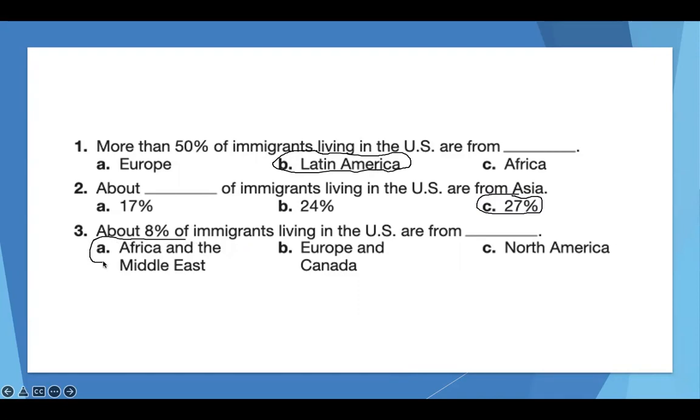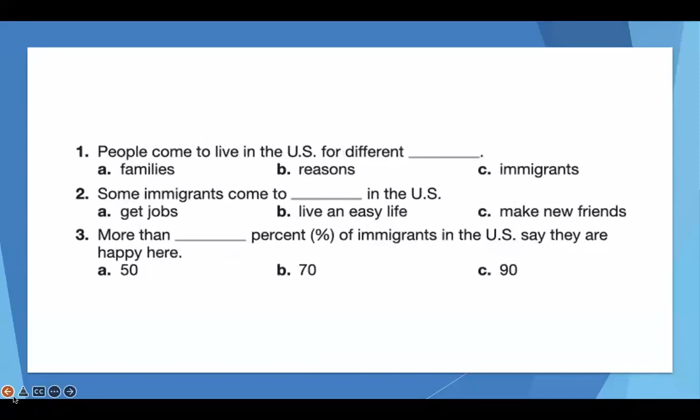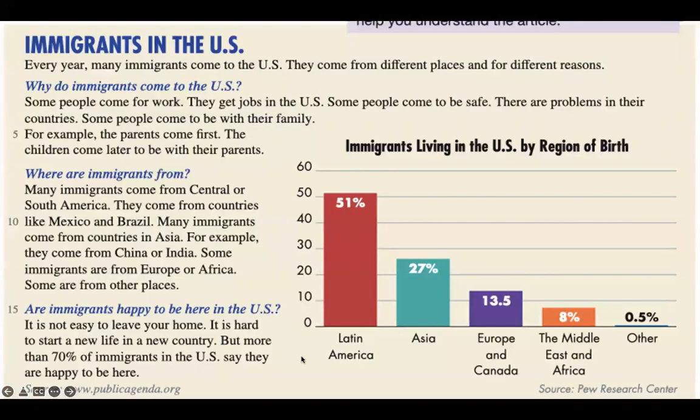This one will be A, Africa and the Middle East. And we'll look back at that chart one more time to review. So we have 51% from Latin America, 27% from Asia, and 8% from the Middle East and Africa.